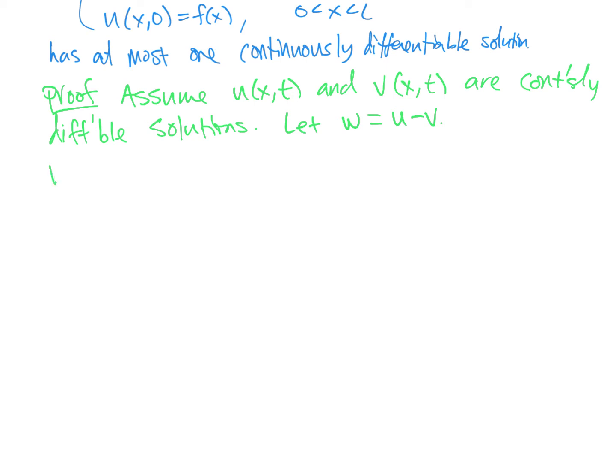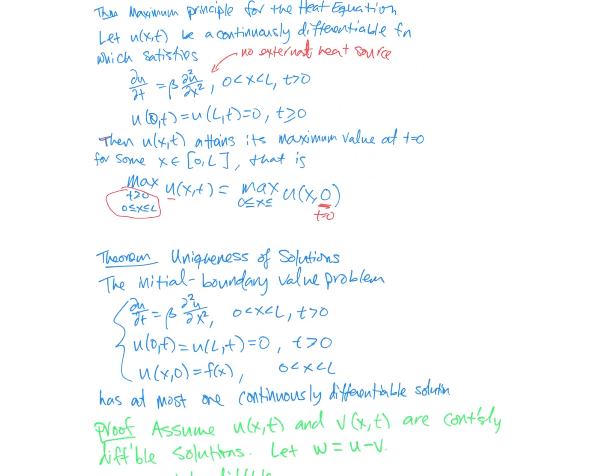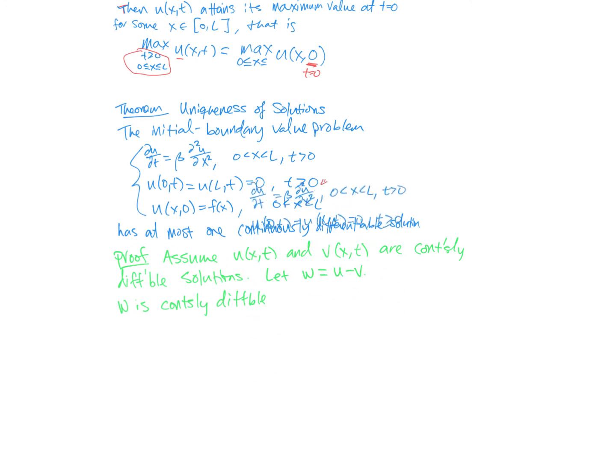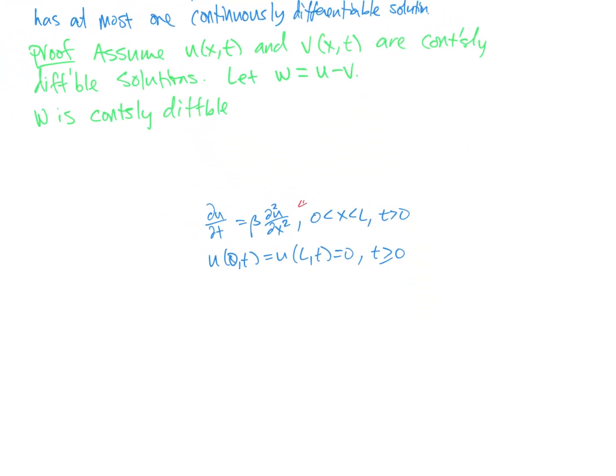Now, w is also continuously differentiable, which means that its derivative exists and its derivative is continuous, and it inherits that property from u and v being continuously differentiable. And it also satisfies the boundary value problem from the maximum principle. So we can move that over here.